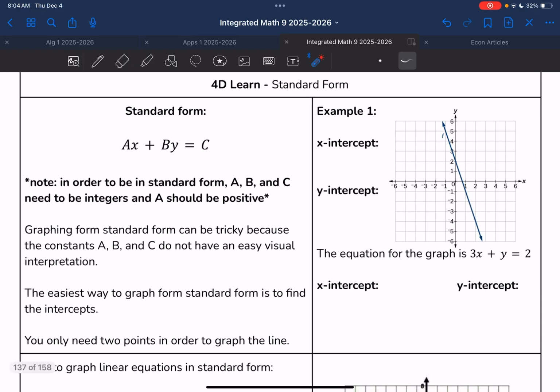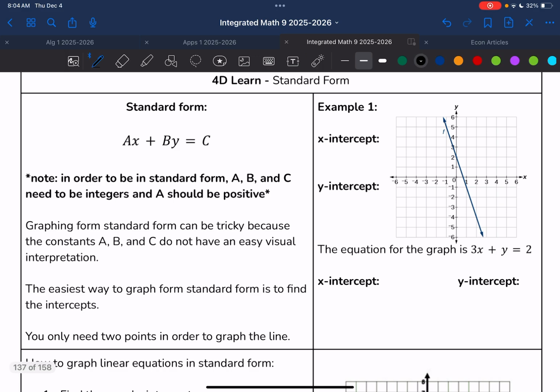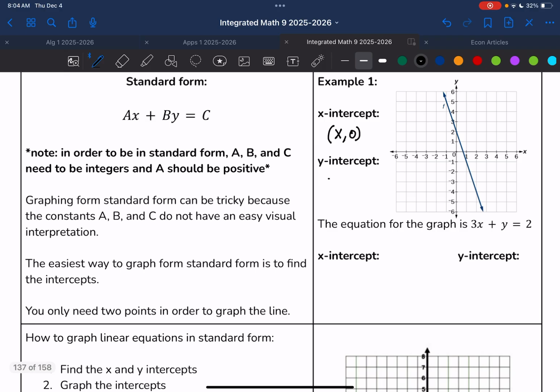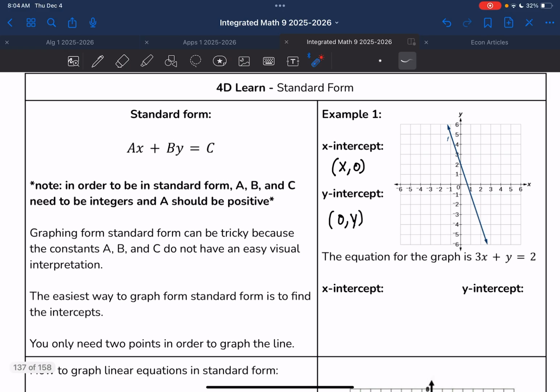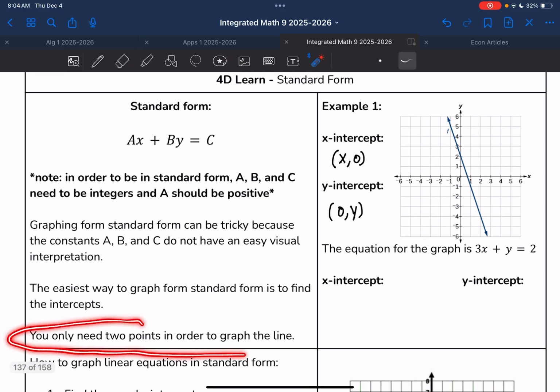So we know, generally speaking, that our x-intercept is located when y is 0, so it's located at some value x, 0. And our y-intercept is always at some value 0, y. When we're trying to graph a line, it's important to note that you only need 2 points.